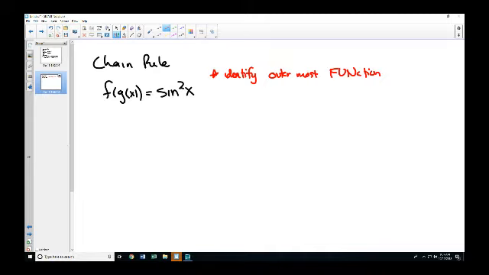So if I went back to this function, if we rewrote it like we had it, what's the outermost function? It's squared, right? So we're going to start with the power rule. Okay, so derive this first. Okay, so what's the power rule?